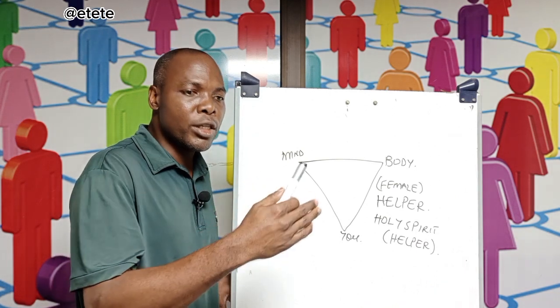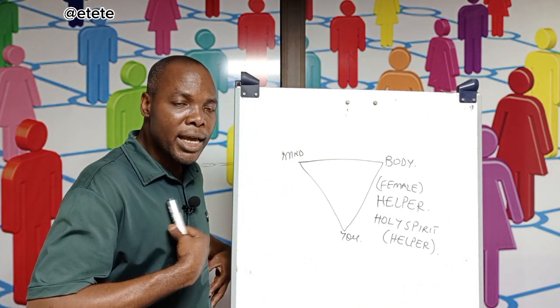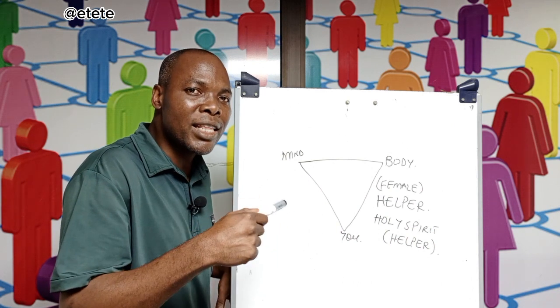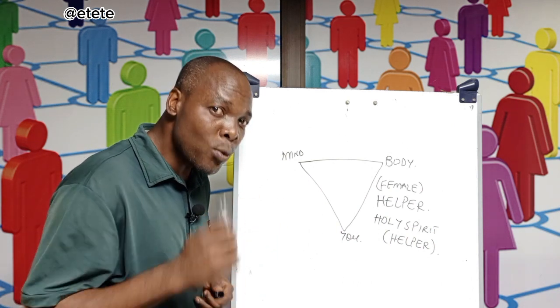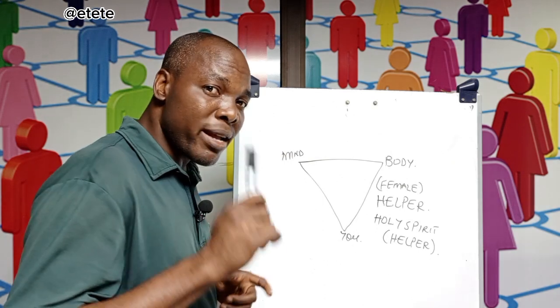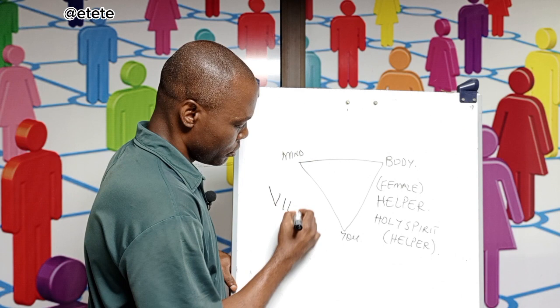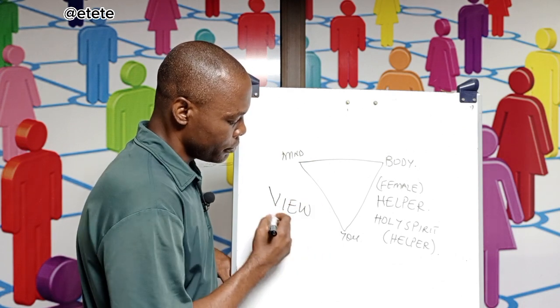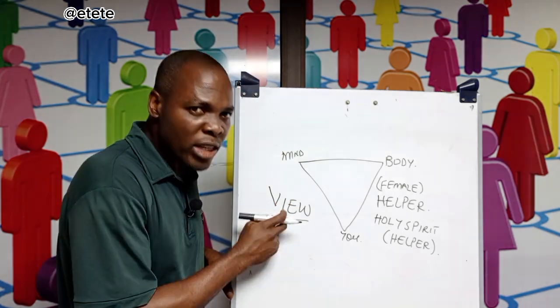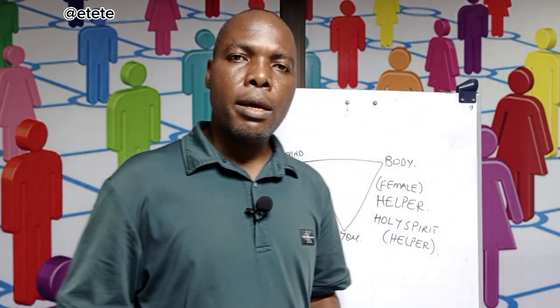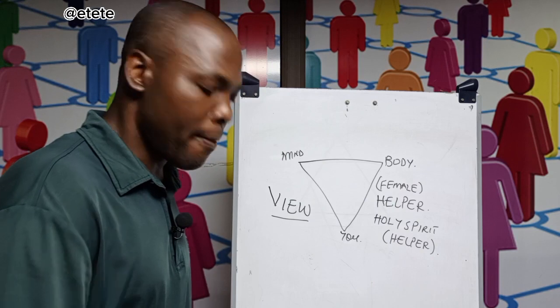The physical manifestation of the male part and the female part are just for you to understand yourself. And that is why the physical manifestation is called view. Now, this was actually a debate by two powerful scientists, Albert Einstein and Bohr.